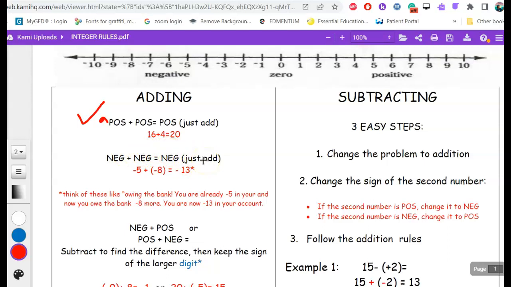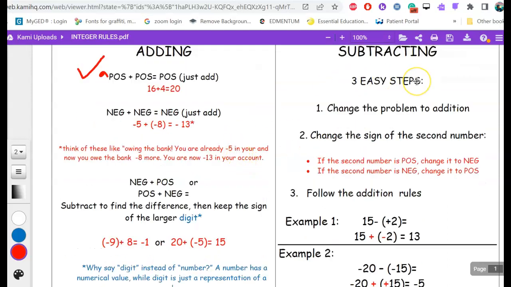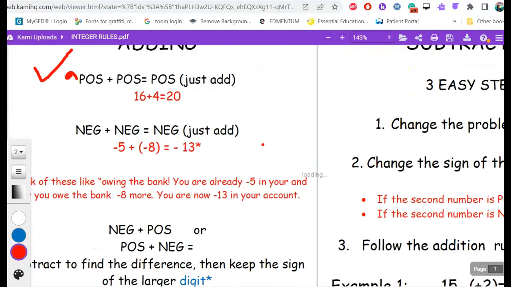That's right. For instance, a negative 5 plus a negative 8, add them together, which gives me 13, and keep it negative. Often in class, you'll hear me call this ghetto shopping. You'll hear me say that a lot, because let's pretend that you have negative 5 in your bank account, and then you went and spent $8 more, right?